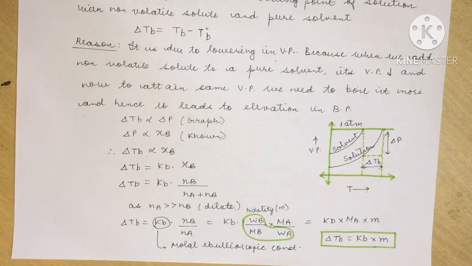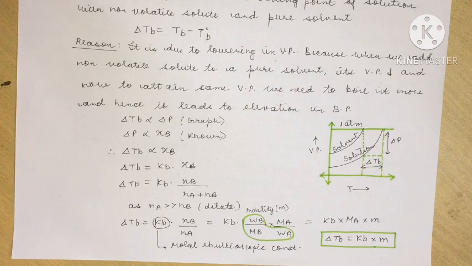Now, what is the reason for elevation in boiling point on addition of non-volatile solute? This can be easily solved by our previous colligative property by relating to that. We have discussed that when we add non-volatile solute, the free surface of the solution will have a lesser number of volatile component.